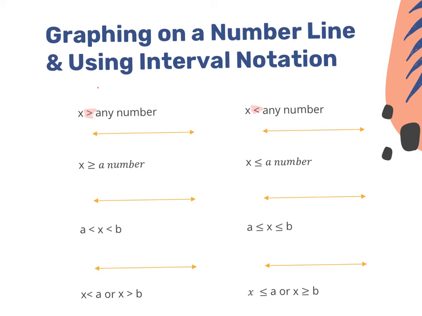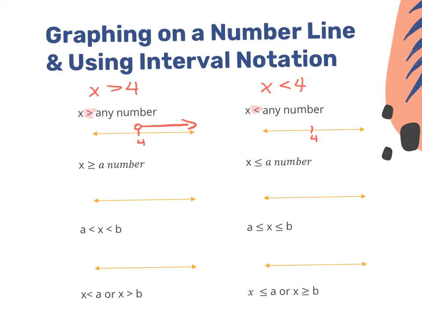So let's say I want to graph x is greater than 4, and then over here x is less than 4. I'm just going to put the number where I want the circle to be, right here in the middle of my number line. When I want to graph x is greater than 4, it would be an open circle on the 4, and then my arrow points to all the numbers that are greater than 4.